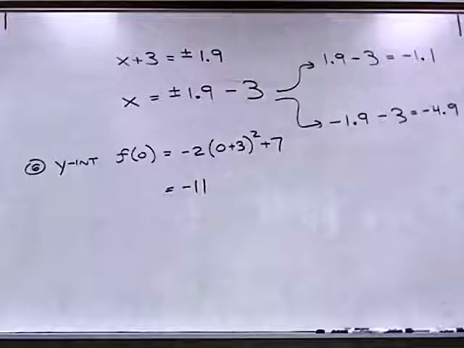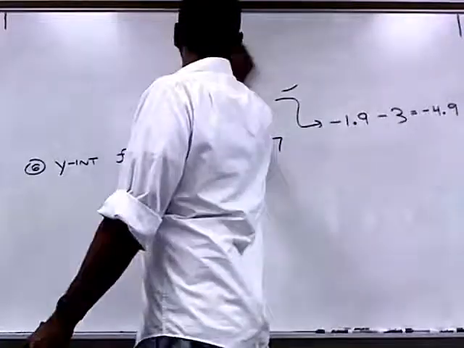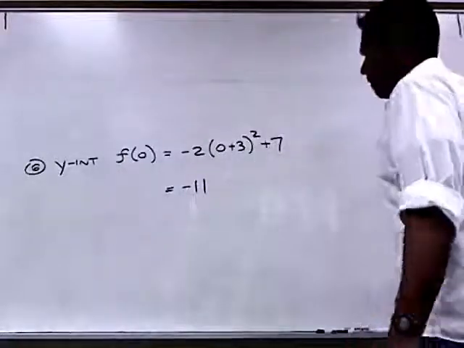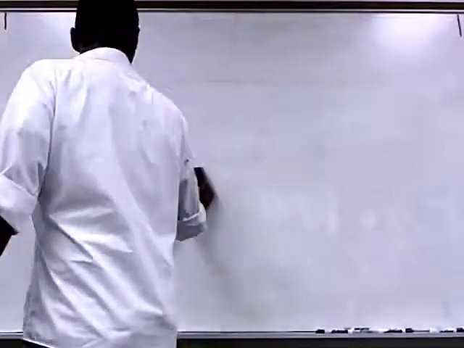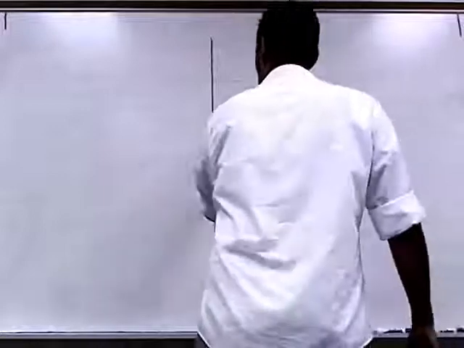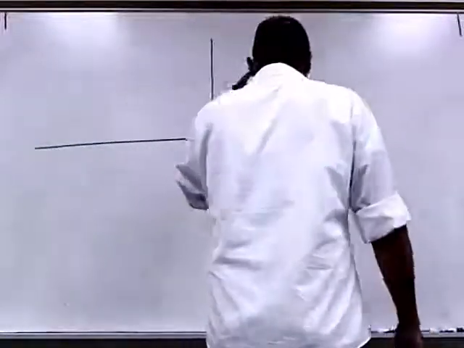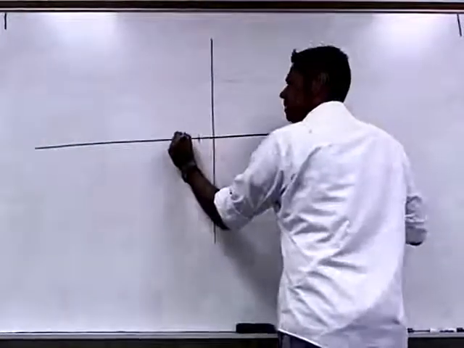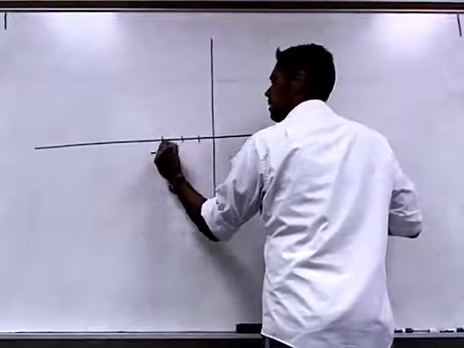And I think the final step is to draw it. So here we go. I have a vertex of negative 3, positive 7.